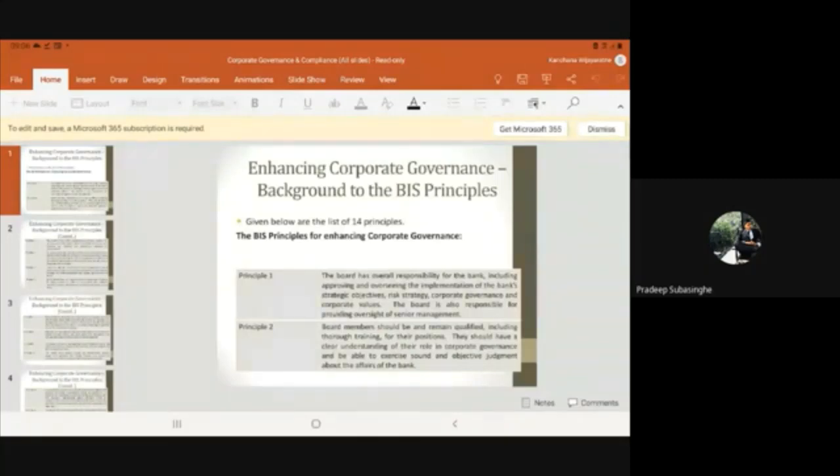So the BIS supports central banks in the pursuit of their monetary and financial stability through international cooperation, and also it acts as a bank of central banks. So this is basically what the BIS is all about, the large scope that they cover.